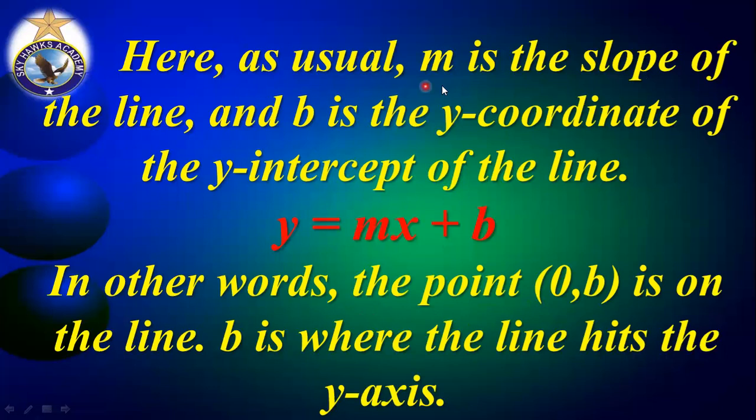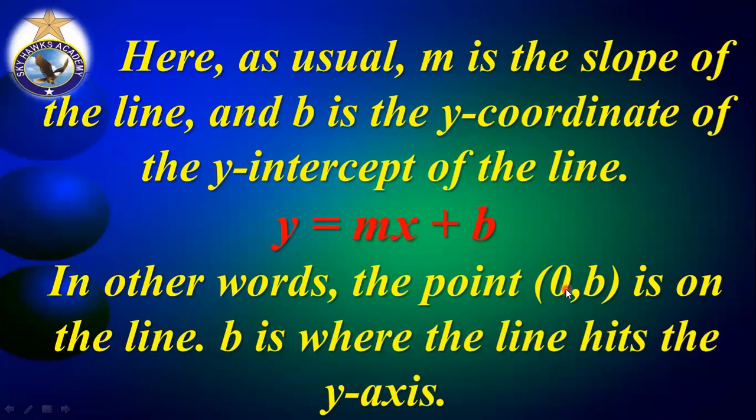Here, as usual, m is the slope of the line and b is the y coordinate of the y intercept of the line. So this line is intercepting the y-axis. In other words, the point is 0 for x, because it is just touching the y-axis at the origin, and b is the height on the line. b is where the line hits the y-axis.